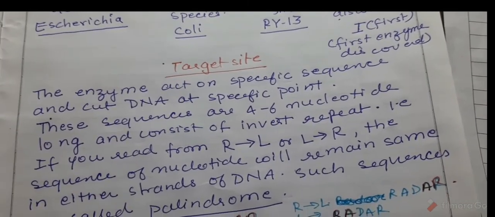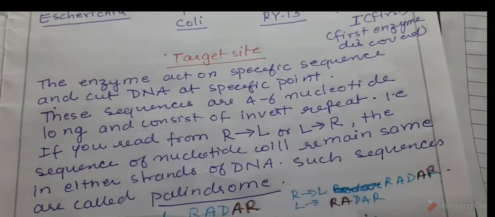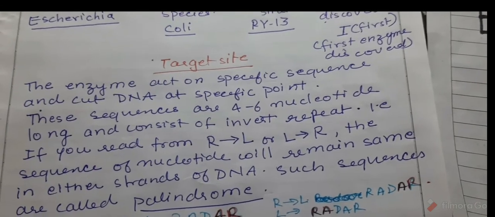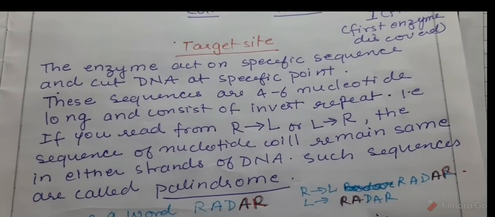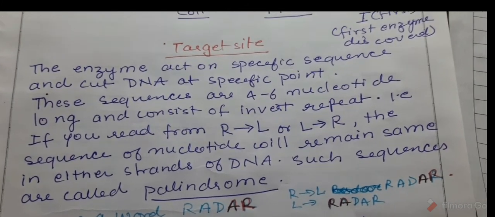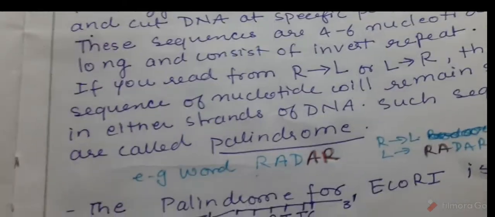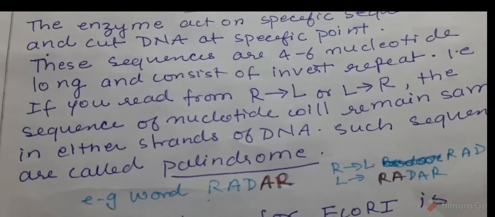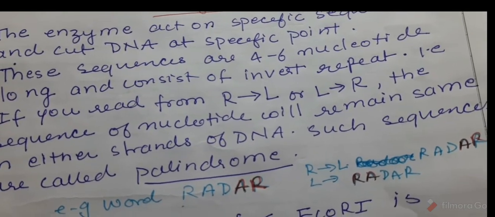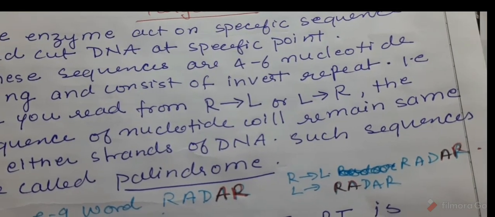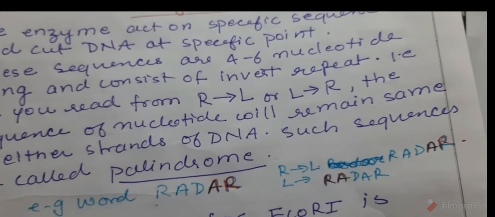That is, if you read from right to left or left to right, the sequence of nucleotides remains the same in either strand of DNA. Such sequences are called palindromes. For example, in a simple form, take the word radar. If you read from right to left, it is RADAR, and if you read left to right, it is again RADAR. So this is an inverted repeat.